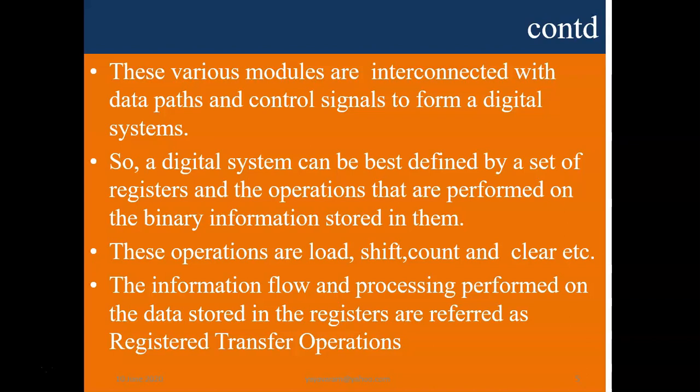That means if I have some data in one register, I can transfer, shift, or move that data from one register to another. If there is no data, I can load the data into the register. If I need, I can shift the data either left or right.